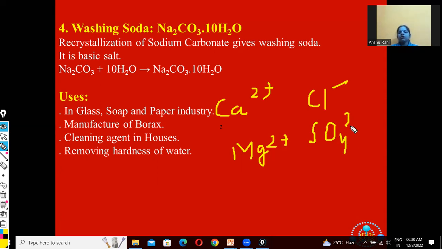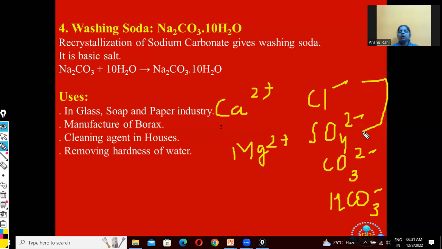If water has only carbonates or hydrogen carbonates, then it is temporary hardness. Temporary hardness can be removed by just boiling the solution. But if it has permanent hardness, you can't remove it by boiling.